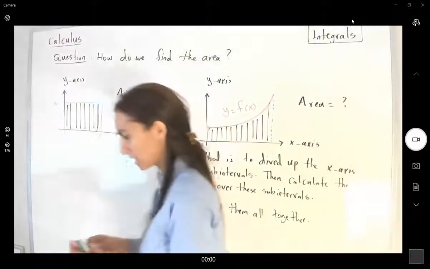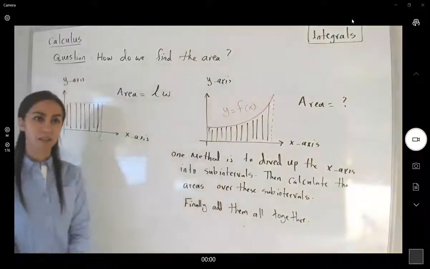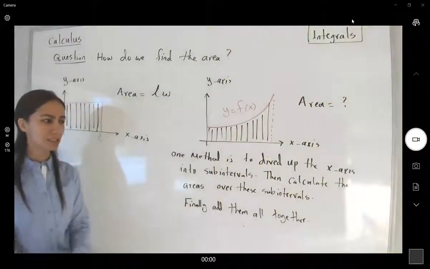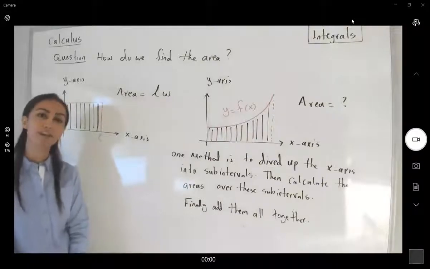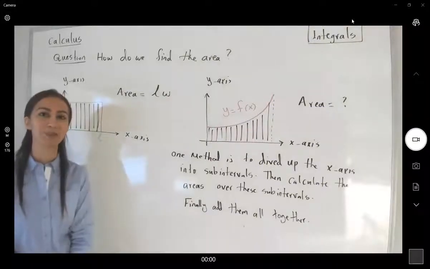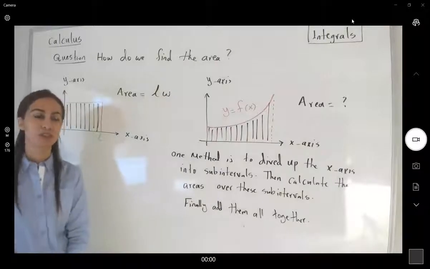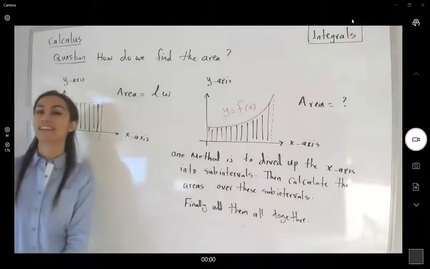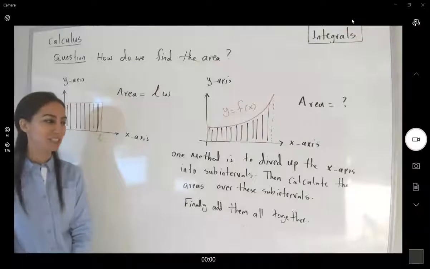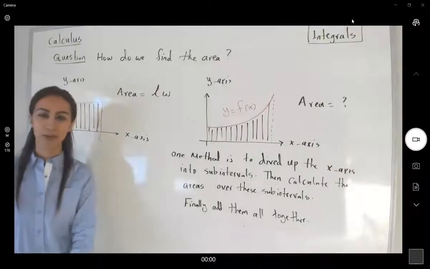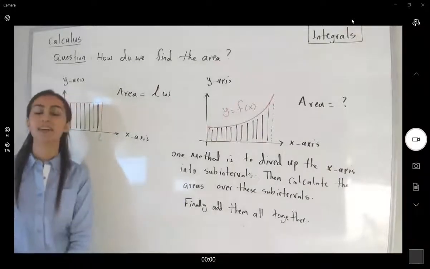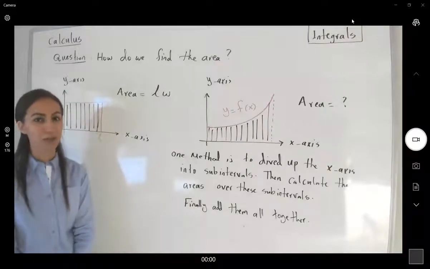Well, now I expect you to ask, okay, this is just an approximation. What if I need the exact value? What should I do? Well, to find the exact values, instead of using approximation, we're going to introduce the concept of integral.